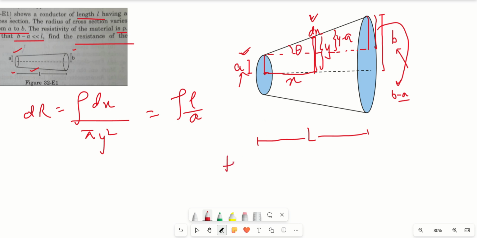Now, if I find tan theta, tan theta is perpendicular by base, so tan theta will be b minus a by L. It will also be equal to y minus a by x, right?